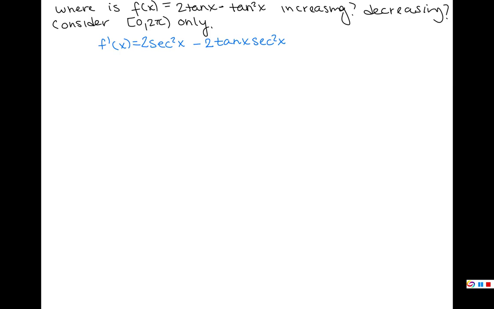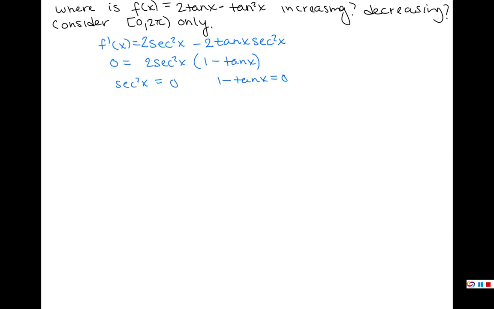It's my outside times my inside derivative. Now I'm going to set this thing equal to 0, and we can factor out both a 2 and a secant squared, and then we're left with a 1 minus tan x. Now I'm going to set each of those factors equal to 0.